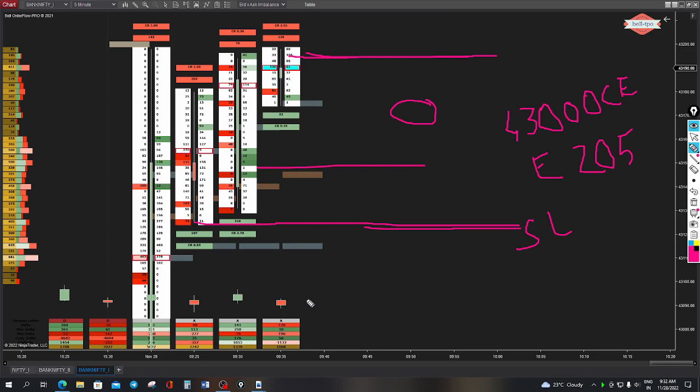I took the position in this candle which is supporting my decision. The COT is in favor of the buyers, the sellers are less, and there is a ratio of 2.7.